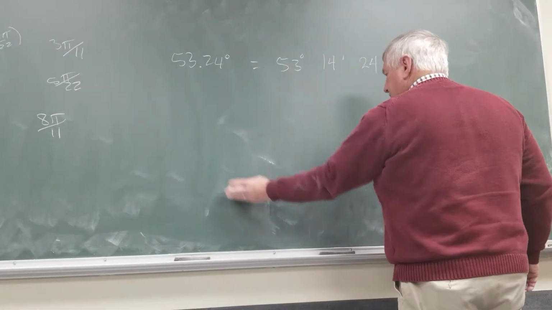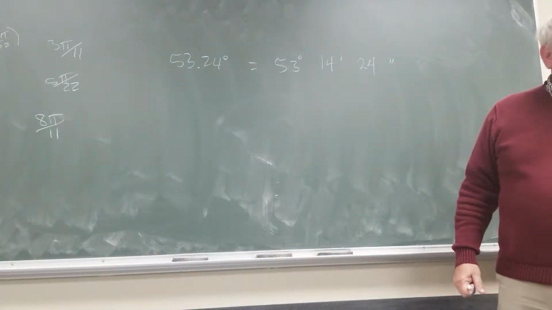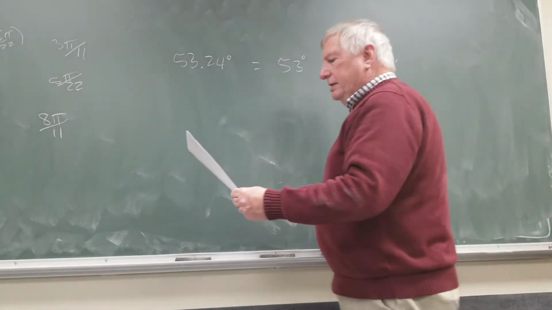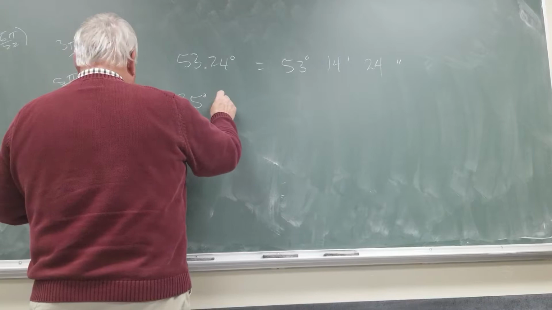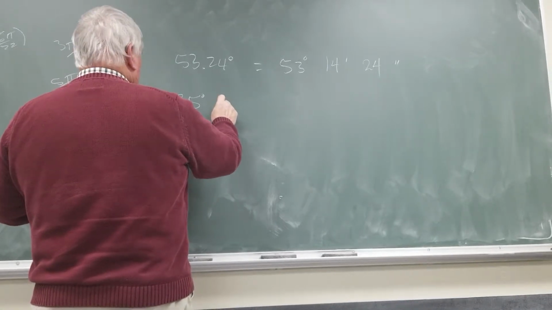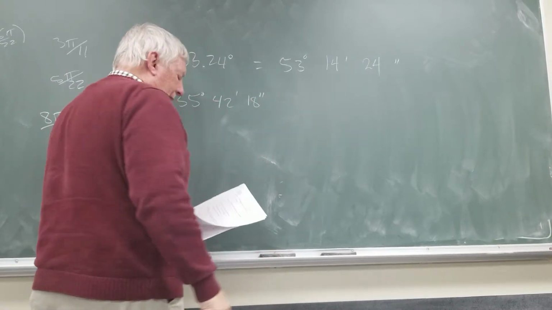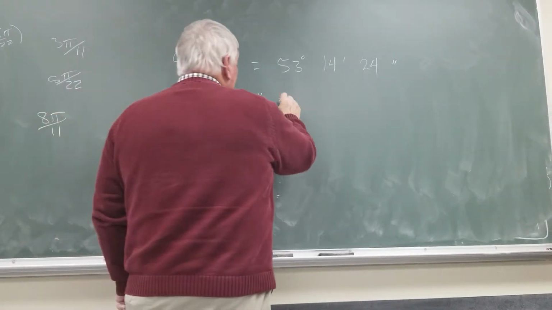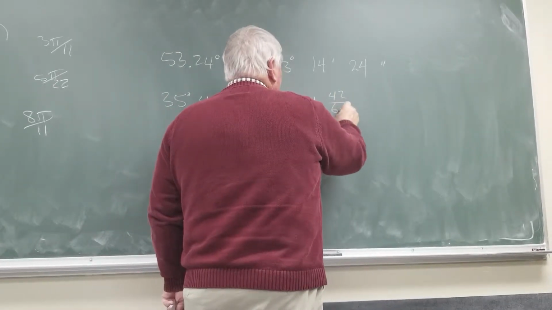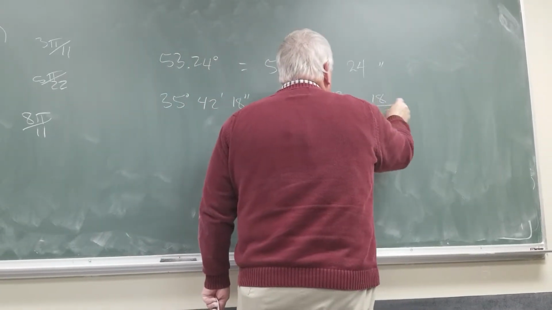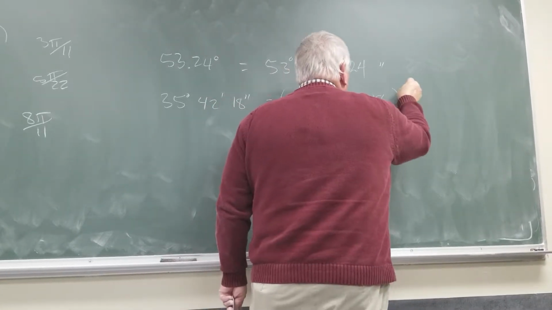I think the next one goes the other way. This is given 35 degrees, 42 minutes, 18 seconds. It wants us to write it as decimal degrees. 35 plus 42 over 60 plus 18 over 3600 degrees.